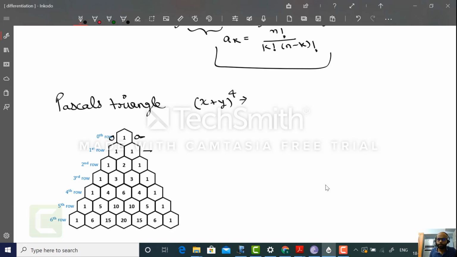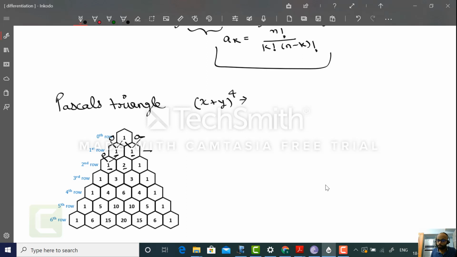And if you were to find a number, you just have to sum the two numbers which are preceding it. For example, if you were to write this 1, you'll just say this is 0 plus 1. If you were to write this one, you'll say it is 1 plus 0. For this one it will again be 0 plus 1.